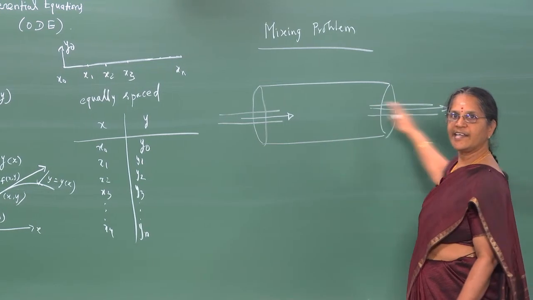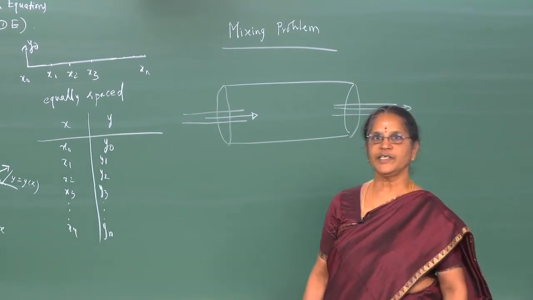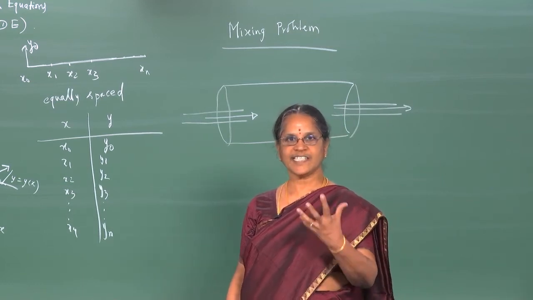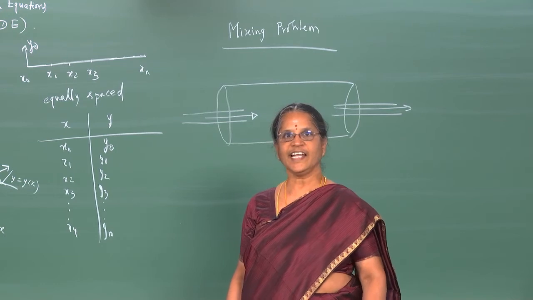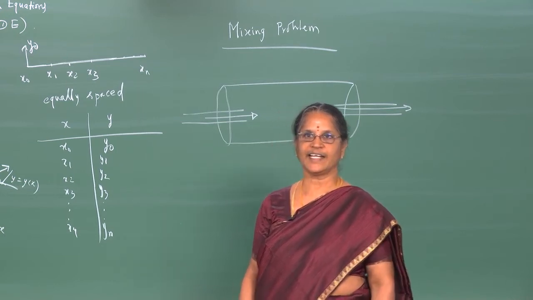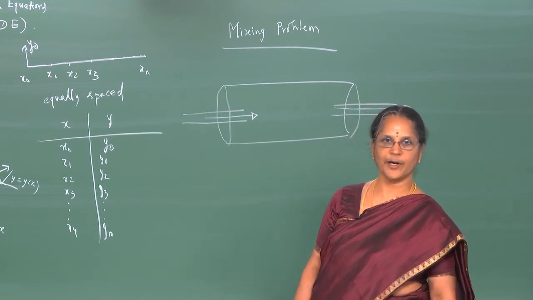which carries away the excess solution. So, our problem is to find out the concentration, let us call it C, as a function of, say, time t of salt, assuming that the tank is well mixed. So, our goal is to model this problem.